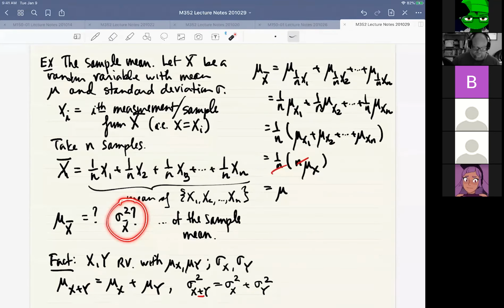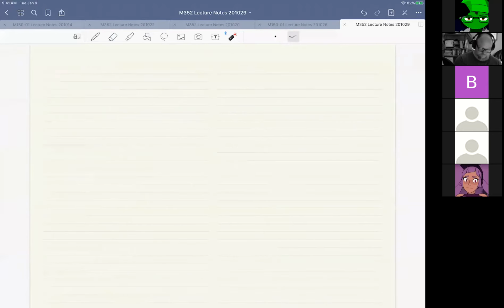Let's look at the variance. What's the variance of the sample mean? Well, write down what the sample mean is.